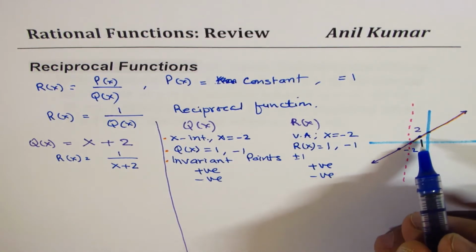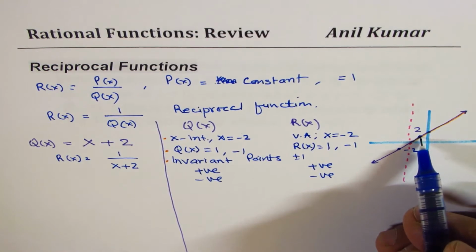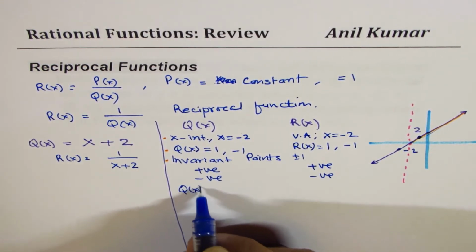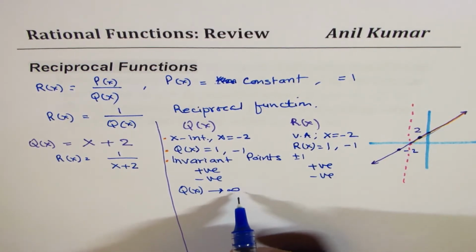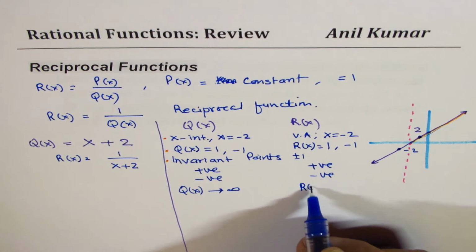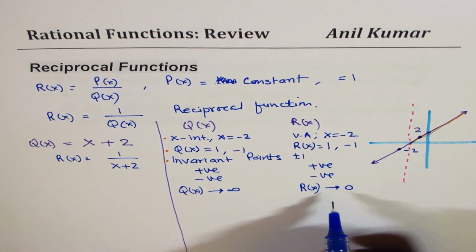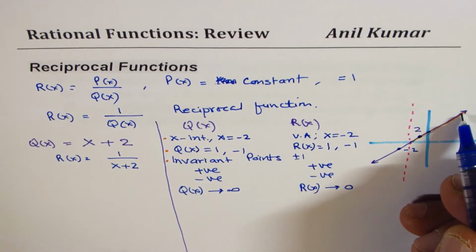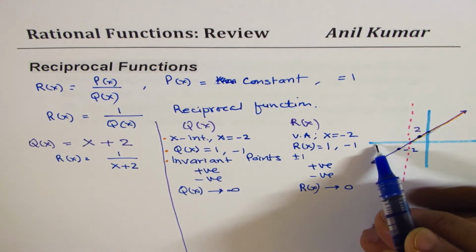Now, we know this point is invariant, but what happens when q of x is increasing to a very large value? If q of x is approaching, in this case, let us say infinitely large value, then r of x will approach what? It will approach 0, a small value. Do you get the point? And if it's positive, 0 from the positive side. If it is negative, 0 from the negative side.